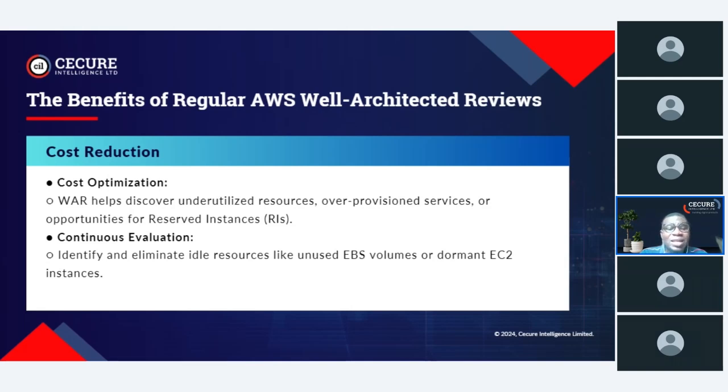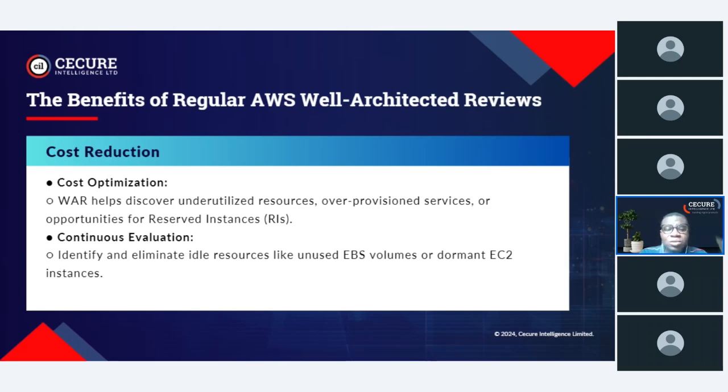Like I said, you might have hundreds of servers in your cloud infrastructure that are working together. Some might be idle, some you might not actually need, and it is only when you carry out this regular AWS Well-Architected review that you'll be able to identify that, oh, this server is idle. I don't need this server. Okay, let me terminate it, and that way you'll be able to reduce costs.